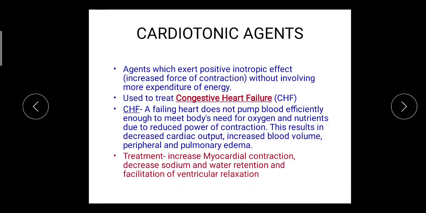So by these three mechanisms the CHF can be treated. First is increase myocardial contraction, second decrease sodium and water retention through diuresis, and facilitation of ventricular relaxation.